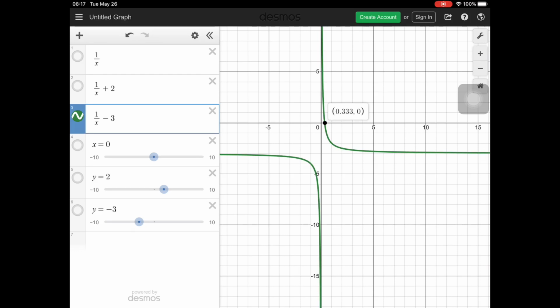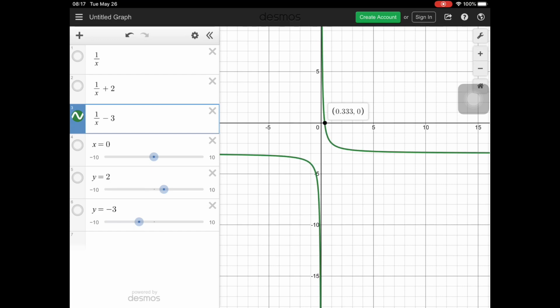Before, the parent function, the red one, when we erase this, we saw that this rational function didn't cross any of the axes, right? It didn't cross the y-axis, it didn't cross the x-axis, because both were asymptotes. But now that we applied translations, we see that we're having an intersection with the x-axis, right?